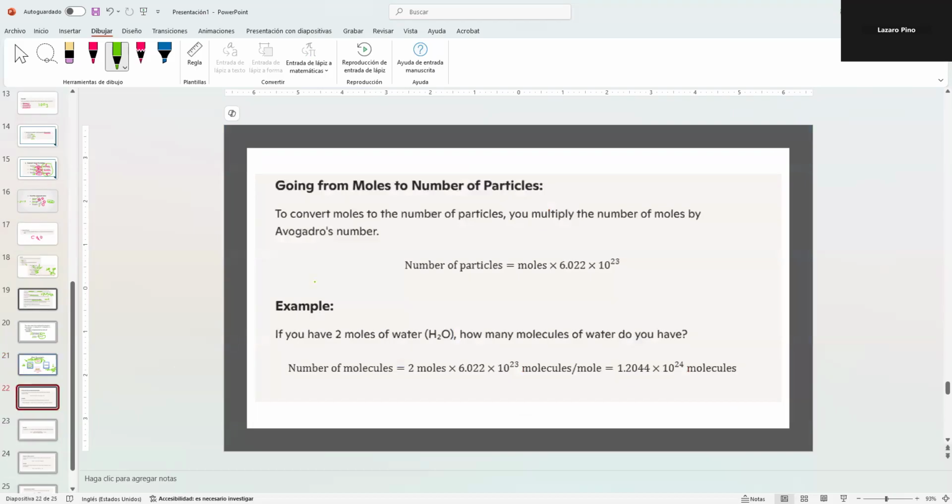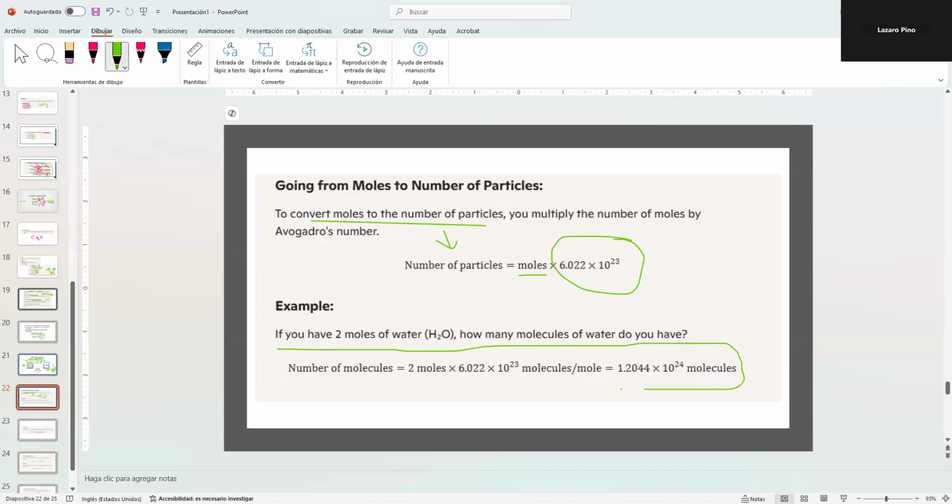For example, you have to convert moles to number of particles. How can you do that? Then you multiply moles by the Avogadro's number and it gives you number of particles. Here you have an example.